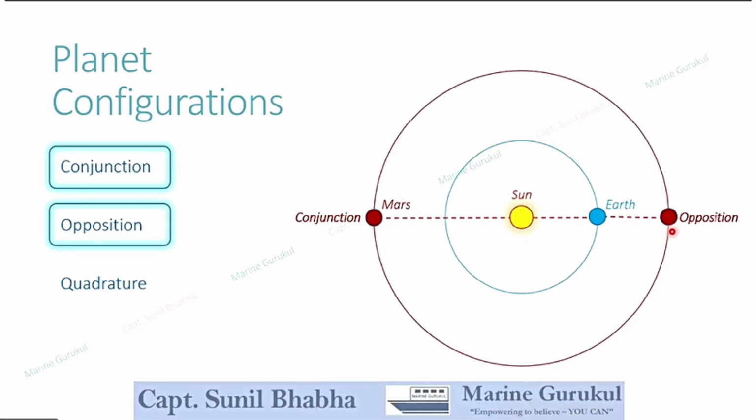Now let's assume that the planet keeps on moving in its orbit with some relative speed, and at another particular instant we observe that the planet Mars is at this particular placement in its orbit. Now if you observe this planet Mars carefully, you see the direction in which the planet Mars is at right angles to the direction in which the sun is. So whenever a planet is at right angles to the direction in which the sun is, it is called quadrature.